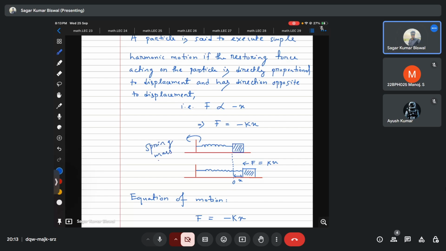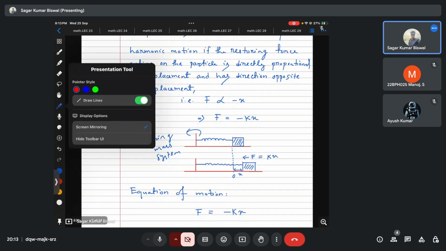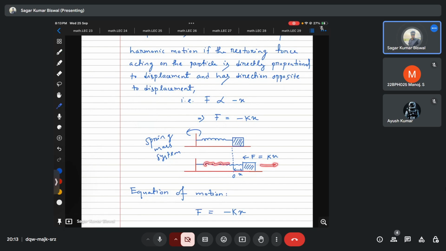Spring mass system. Now if you pull this spring in this direction, then the spring will stretch and the mass will displace. If the displacement of the mass is x, then what will be the spring force or the resistive force that is acting on this spring?